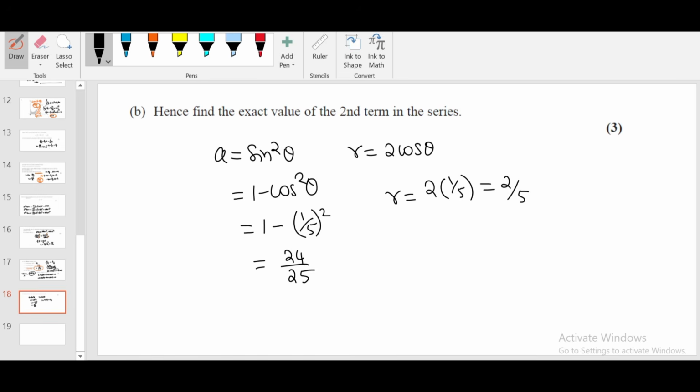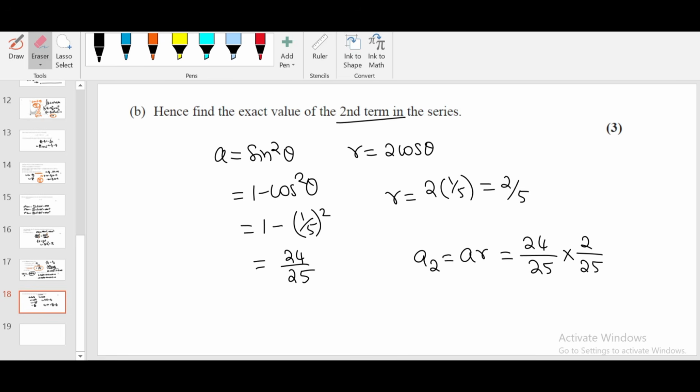We got A and r. Now the second term A2 is equal to ar, the second term in a geometric series. A times r. 24 over 25 times 2 over 5. 2 times 24, 48 divided by 125 is the second term, the exact value of the second term. That's all.